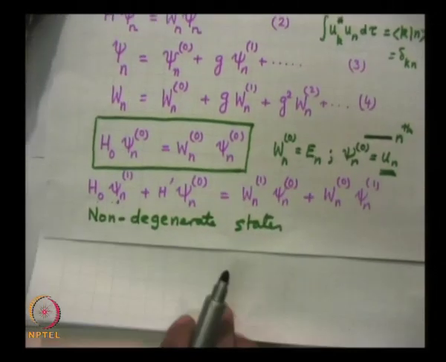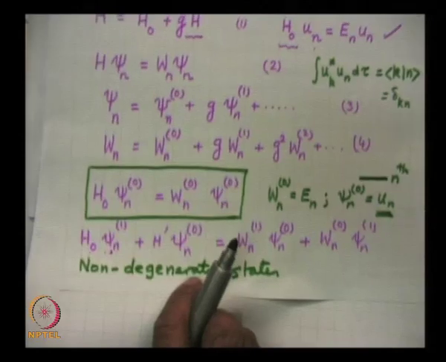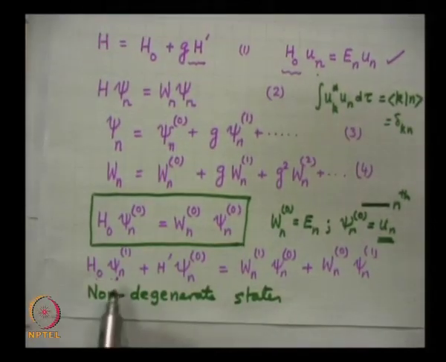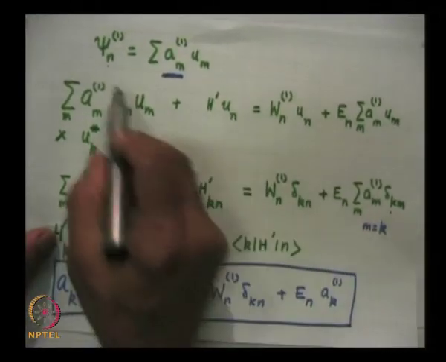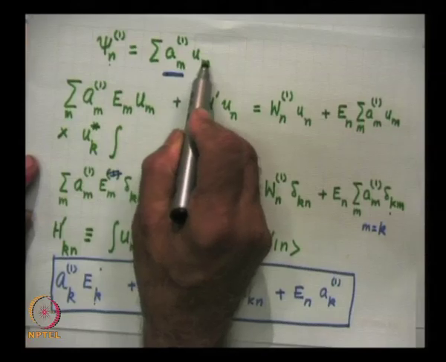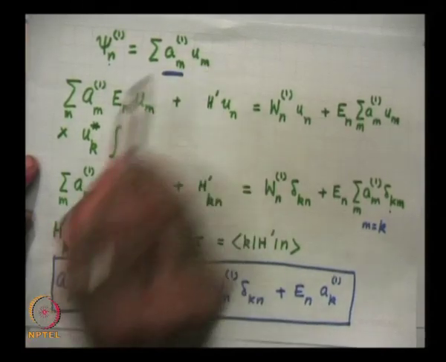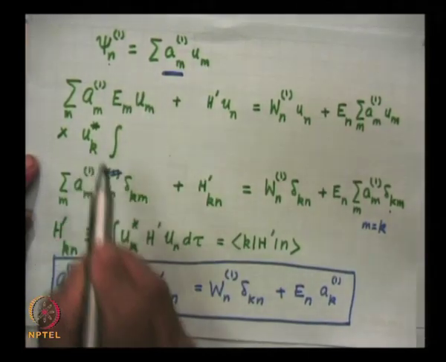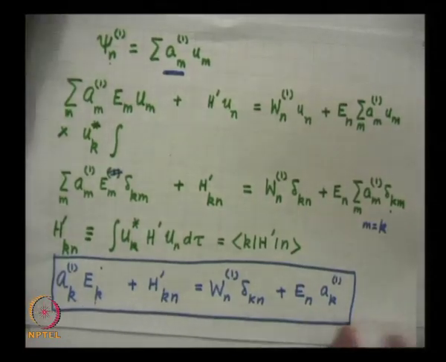and then we wrote down psi n 1 as a sum over E m 1 E m, then we multiplied by u k star and had obtained this equation.